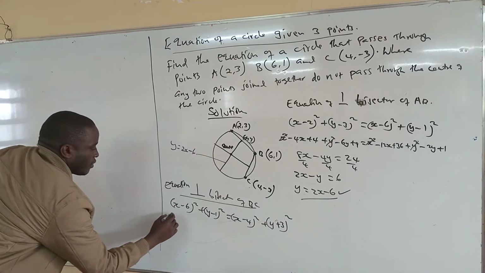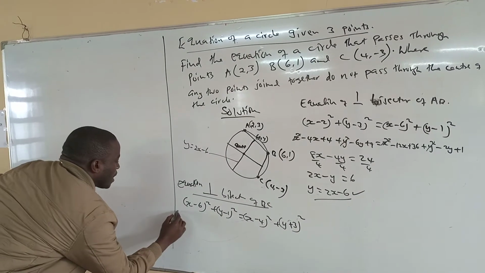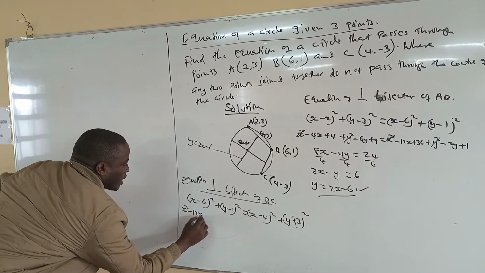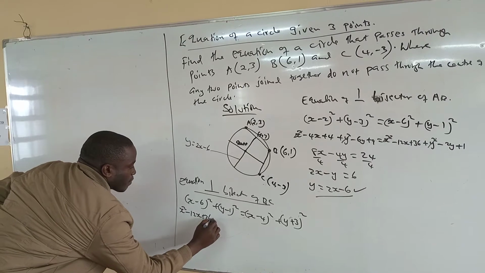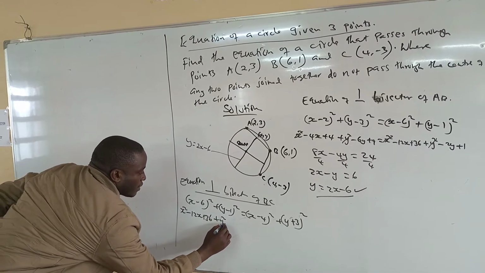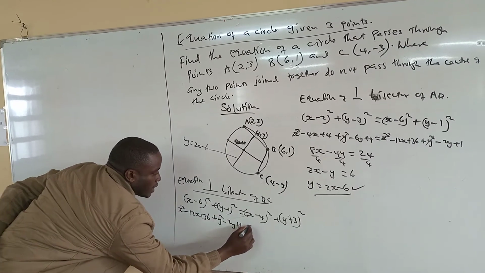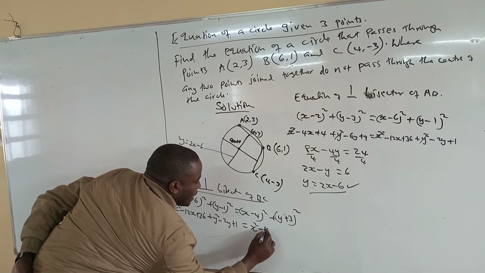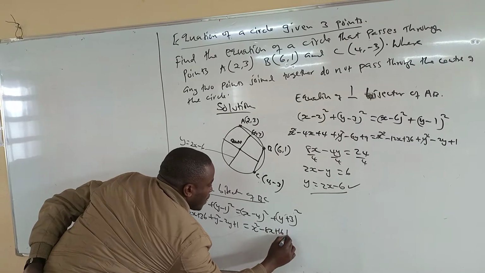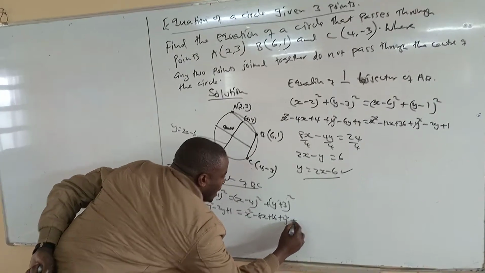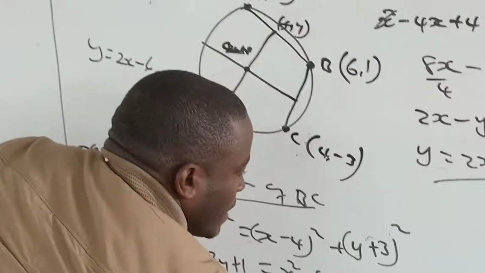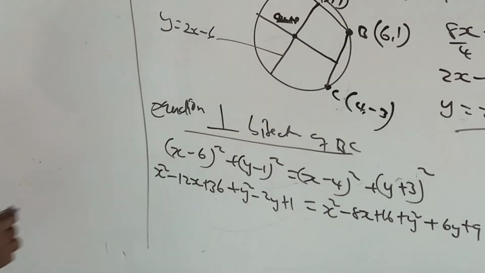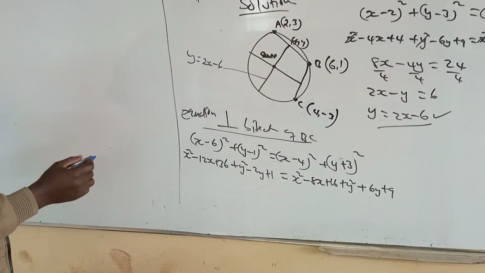So here this becomes x squared minus 12x plus 36 plus y squared minus 2y plus 1, equal to x squared minus 8x plus 16 plus y squared plus 6y plus 9. We put the like terms together.